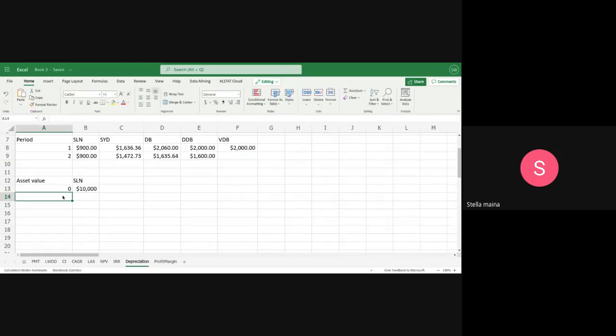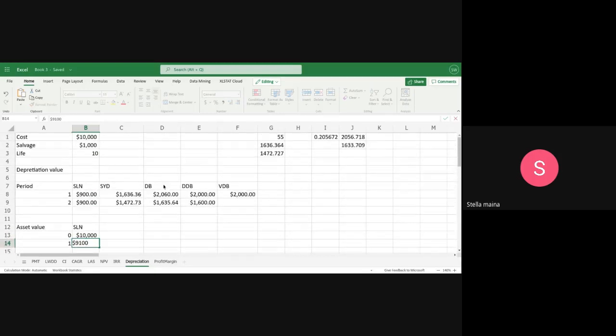For the first period, it's going to be 10,000 minus the 900, which will be 9,100. When I send the data, it will have both the depreciation up to the 10th year and the asset up to the 10th year, so that you can see the asset value concluding at 1,000.